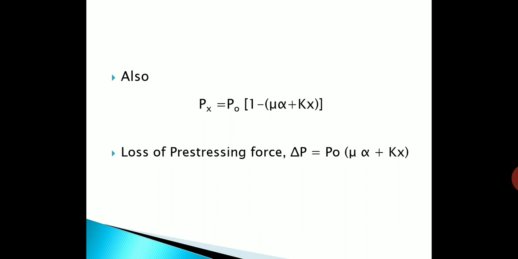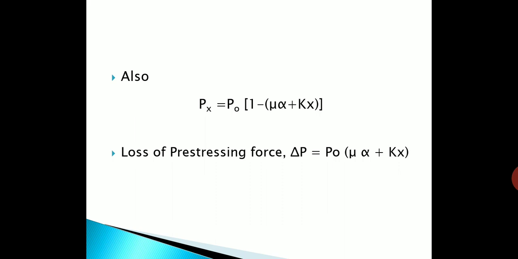Further, if the values of the curvature and so on are very small, we can directly apply the formula Px is equal to P naught into (1 minus (mu alpha plus K into x)).